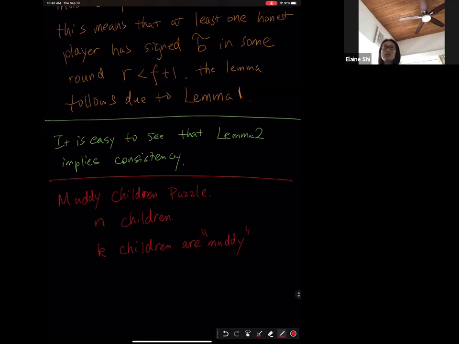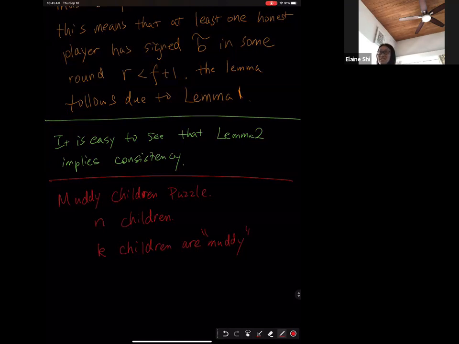The only information you have is that the teacher said some kids have mud on their forehead. And you also know the current round, because the teacher will keep announcing, now try again, now try again. Every time the teacher says try again, it's essentially a new round. The teacher does not say how many kids have mud on their forehead.